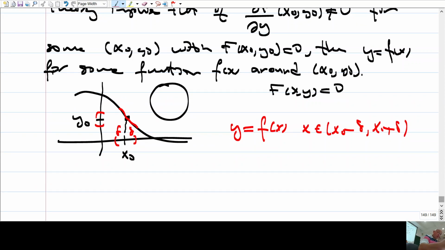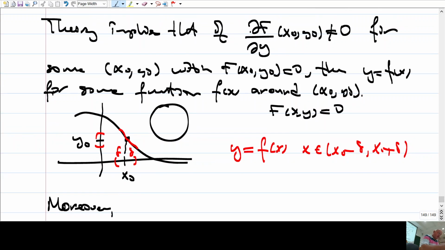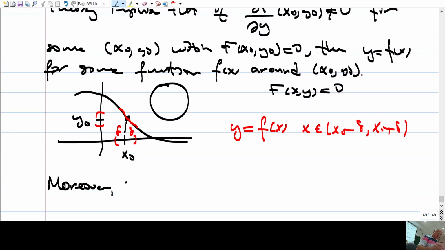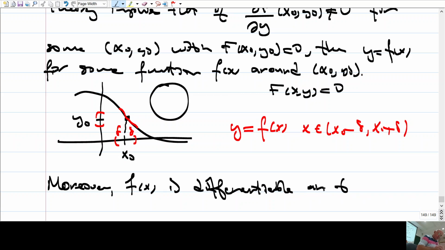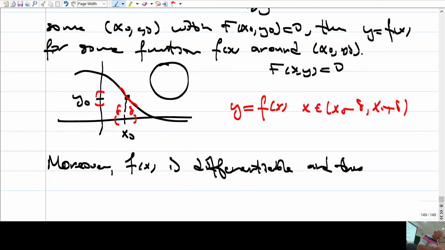Ve dahası, moreover, of course here I assume f is differentiable. Moreover, f of x is differentiable. And thus, şunu yapabiliriz.